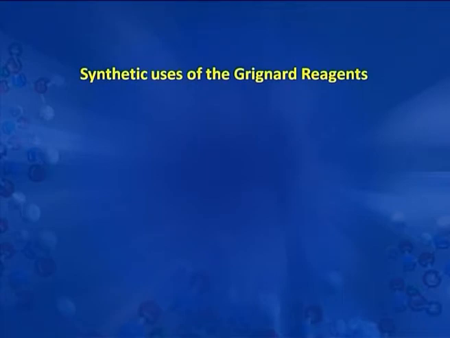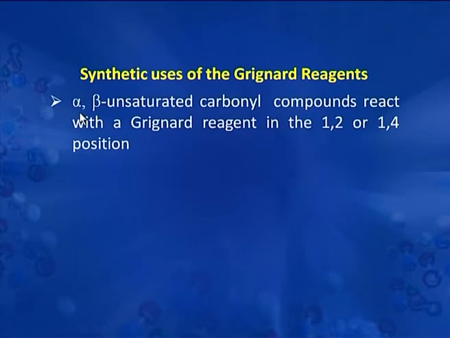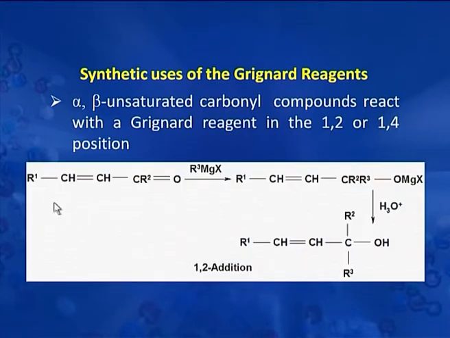Another abnormal behavior: alpha beta unsaturated carbonyl compounds react with Grignard reagent at the 1,2 or 1,4 position. This is an alpha beta unsaturated carbonyl compound reacting with Grignard reagent followed by hydrolysis. 1,2 addition is formed; this is the first place, this is the second place, and 1,2 addition is formed.